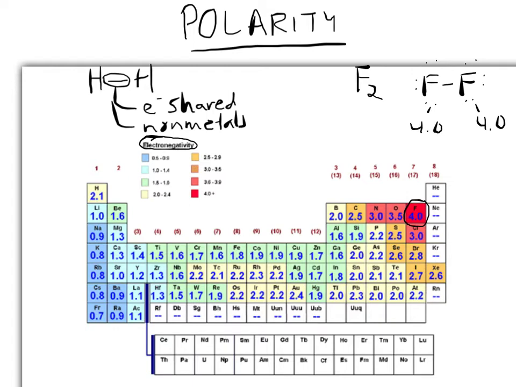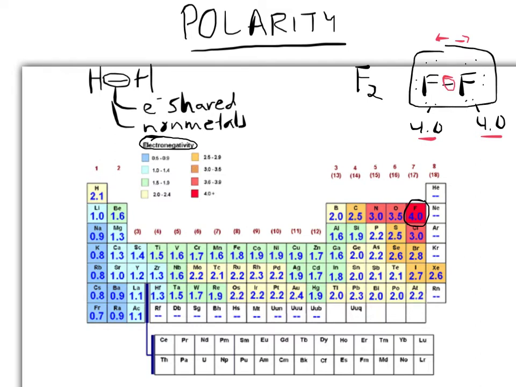So that means that both of these atoms are going to be pulling. Imagine these electrons are in the middle of a tug of war, like the middle of the rope. Both fluorine atoms are going to be pulling on those electrons because of their electronegativities. Since both atoms have the same electronegativity, they're going to be pulling on those shared electrons in equal amounts.